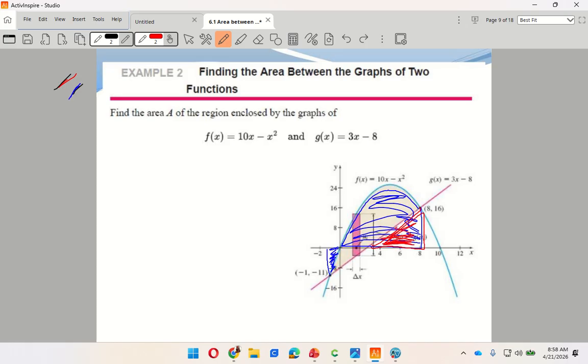Are you okay with that part right there? Yeah. Okay. And then would that extra piece have been added in? Yep, that would have to have been added, because you are subtracting a negative. Okay.